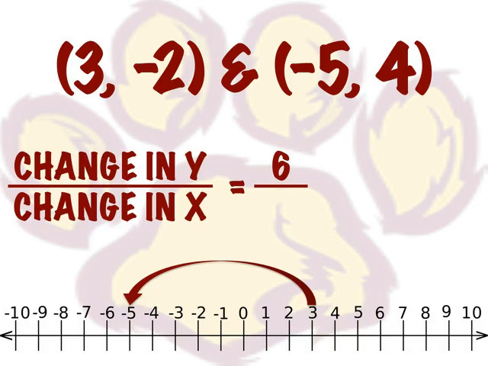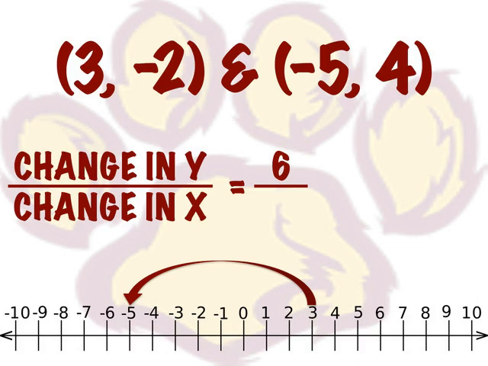For the x values, we're moving from 3 to negative 5. Again, when you're going from a positive to a negative or a negative to a positive, you have to get to 0 first and then to the other side. So from 3 to 0 is a change of 3. From 0 to negative 5 is a change of 5. So our total change in x is a change of 8.